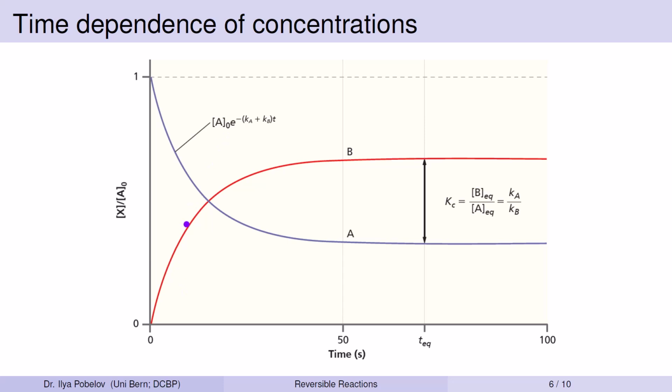In the absence of a reverse reaction, we would expect the concentration of A to eventually reach 0. However, the presence of the reverse reaction changes the outcome. Instead of completely depleting, A reaches a non-zero concentration at equilibrium. Similarly, B grows to a certain level and then stabilizes.